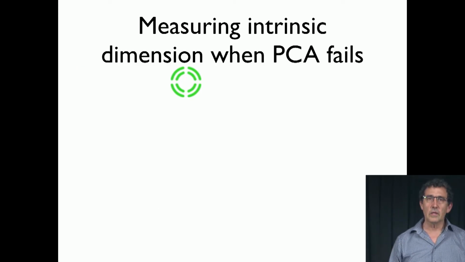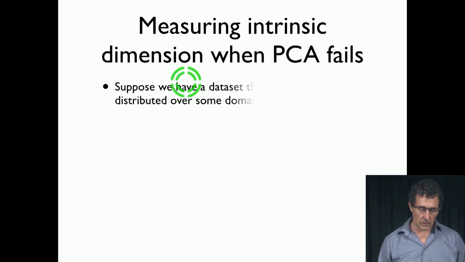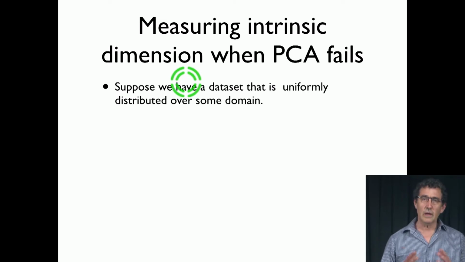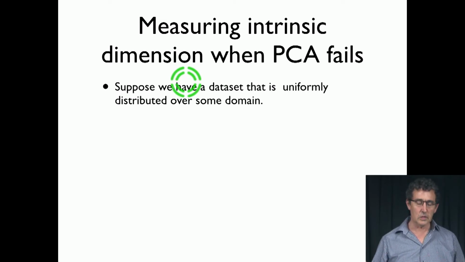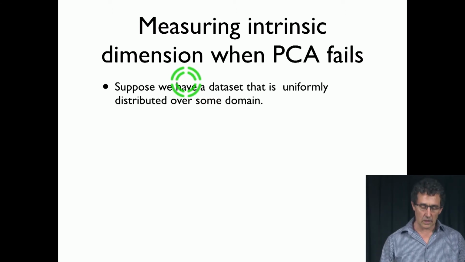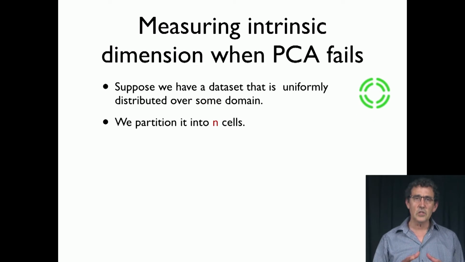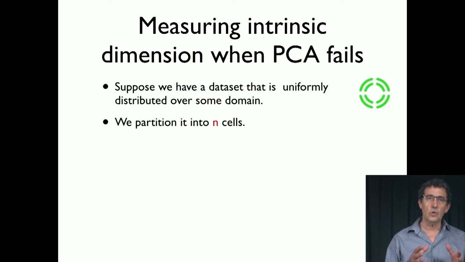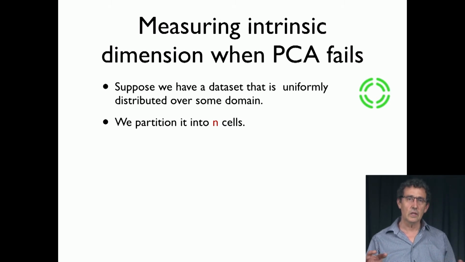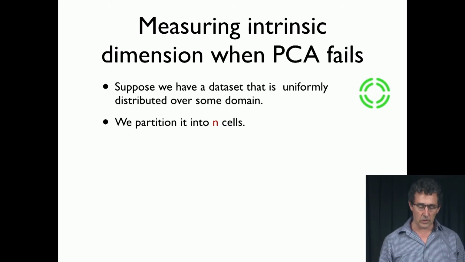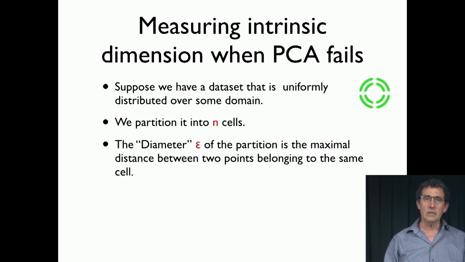So here is the basic idea. We suppose that we have our data set, and it's uniformly distributed over some domain. This is not essential, it's just something to make us think about a simpler, concrete case. We partition this data set into n cells, so each cell contains a neighborhood of the points. We define the diameter of the partition to be the maximal distance between two points that belong to the same cell.